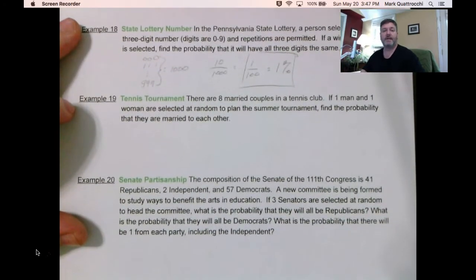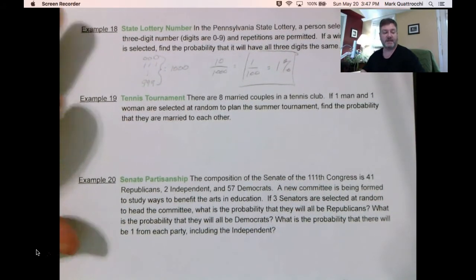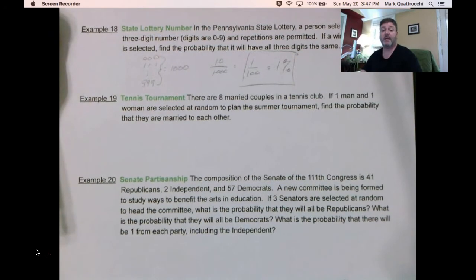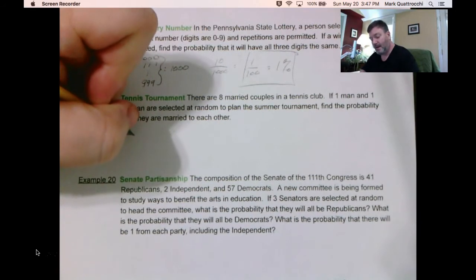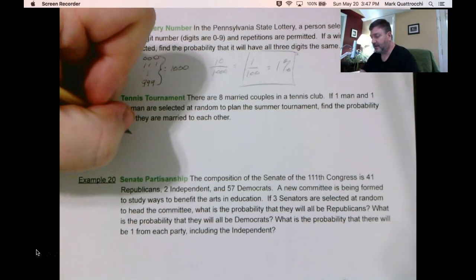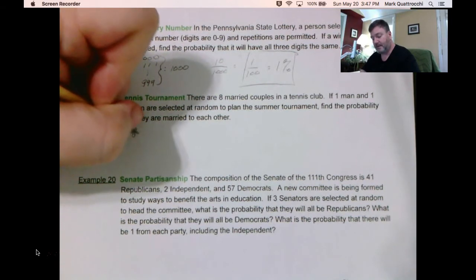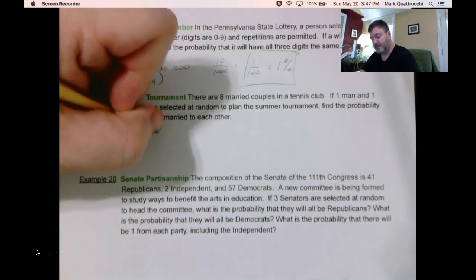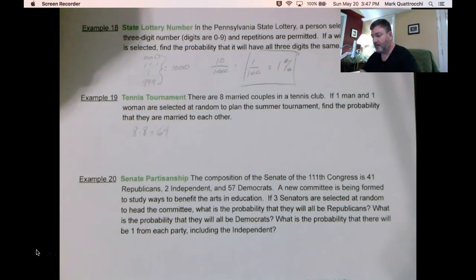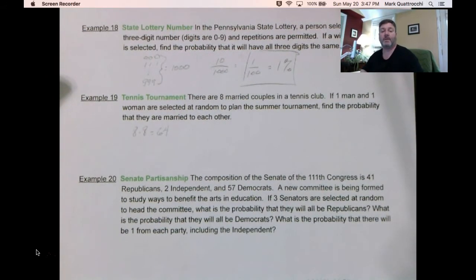Tennis tournament. There are 8 married couples in a tennis club. If one man and one woman are selected at random to play in the summer tournament, find the probability that they are married to each other. Since there are 8 ways to select a man, and there are 8 ways to select a woman, there are 8 times 8, or 64 possible ways of choosing one man and one woman.